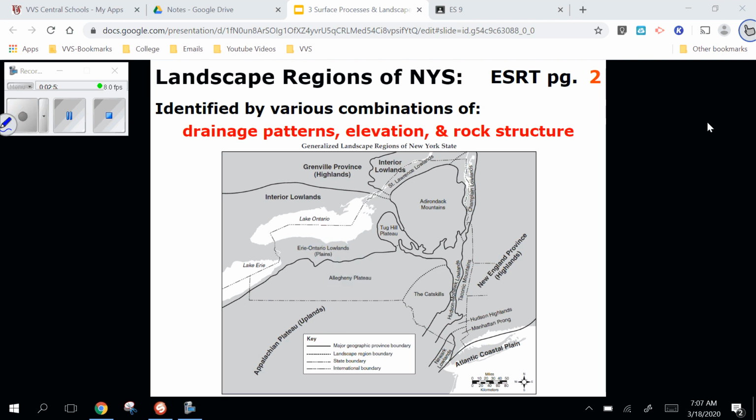Separate individual little landscape regions are separated by these little dashed dotted lines here. We have our state boundaries here. New York here, Pennsylvania here. And then we have our international boundary right here. So we have the USA and Canada.